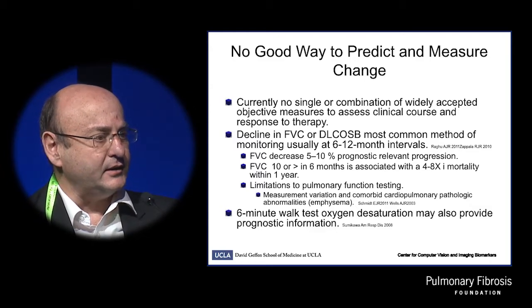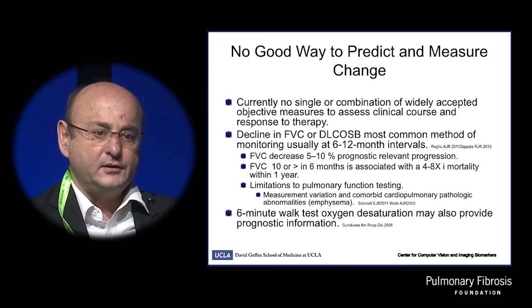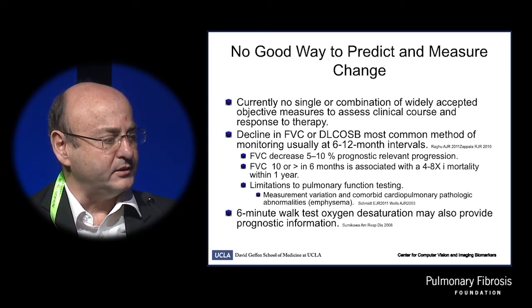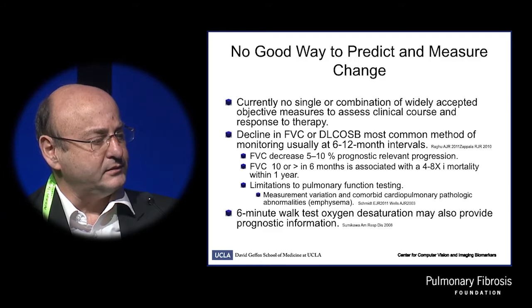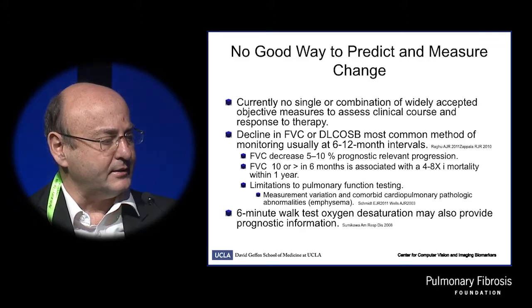Right now, decline in FVC and single breath transfer are the most common techniques that are used and are very robust and have been very helpful to patient management. And we tend to look at FVC changes of 5 to 10% as being important changes, and they're certainly associated with increased mortality over time.